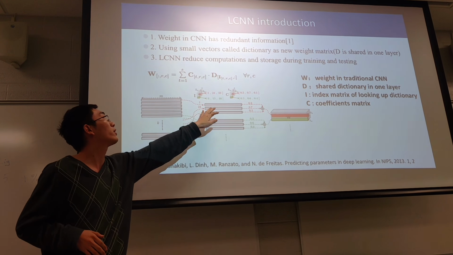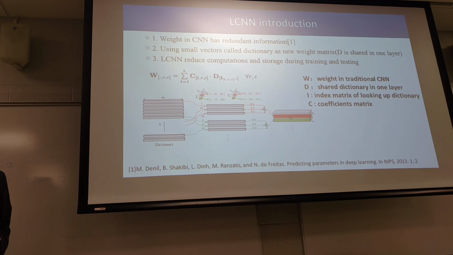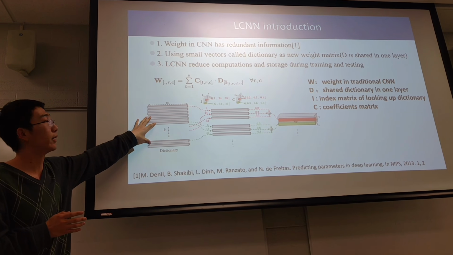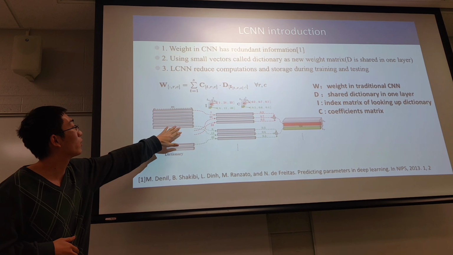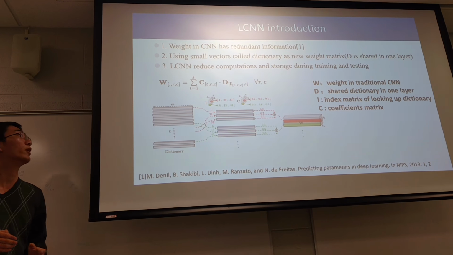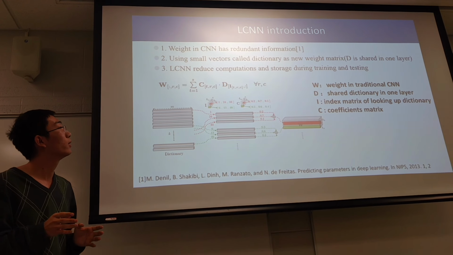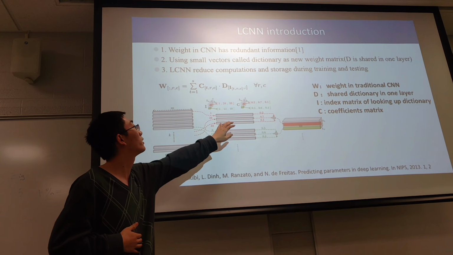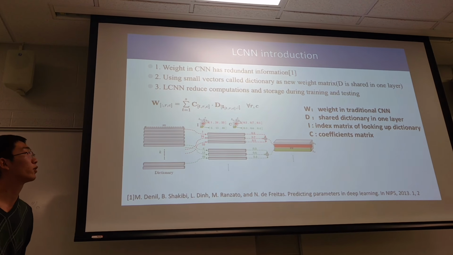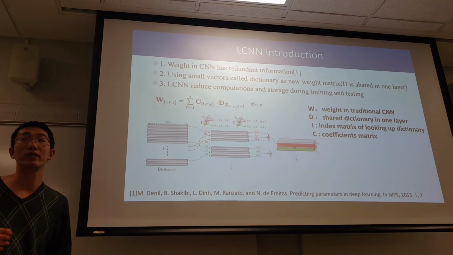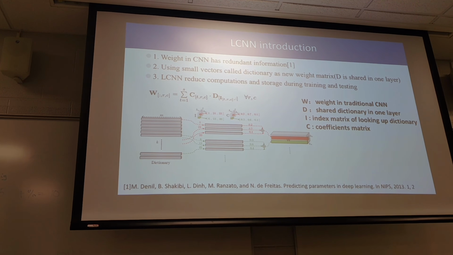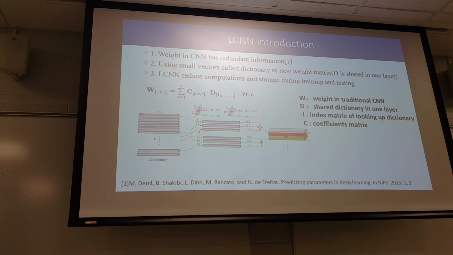which is 6, 13, 30, which represents the positions in the dictionary. You need to look up the 6th, 13th, and 40th positions of weight, and then look up the coefficients matrix, which is 0.3, 0.6, 0.4, and then multiply these coefficients with the dictionary entries you looked up.